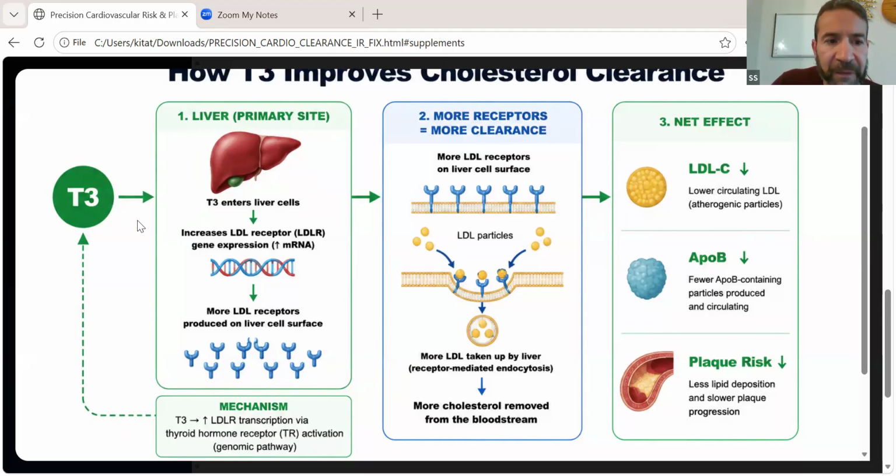People that have low T3 can have low clearance, low LDL receptors in the liver, and that increases the risk because you have more ApoB circulating now. So it's very important to get that checked.